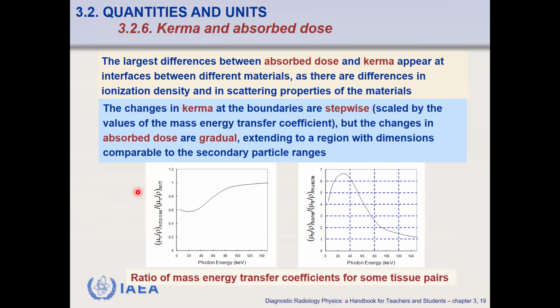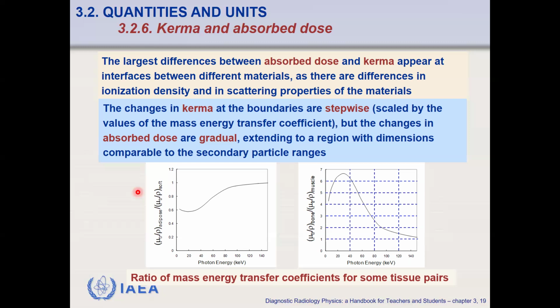So the mass energy transfer coefficient is the cause of the changes in kerma at the interfaces. Absorbed dose, however, changes more gradually as secondary electrons can penetrate a short distance into the adjacent tissue before depositing the energy.